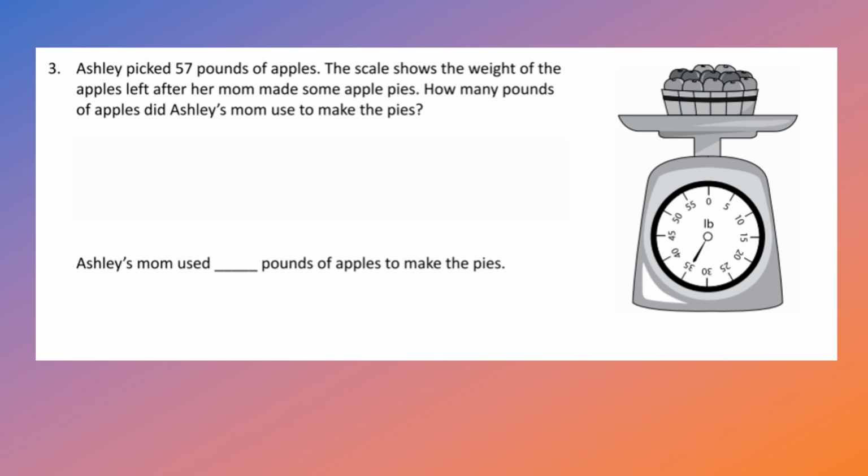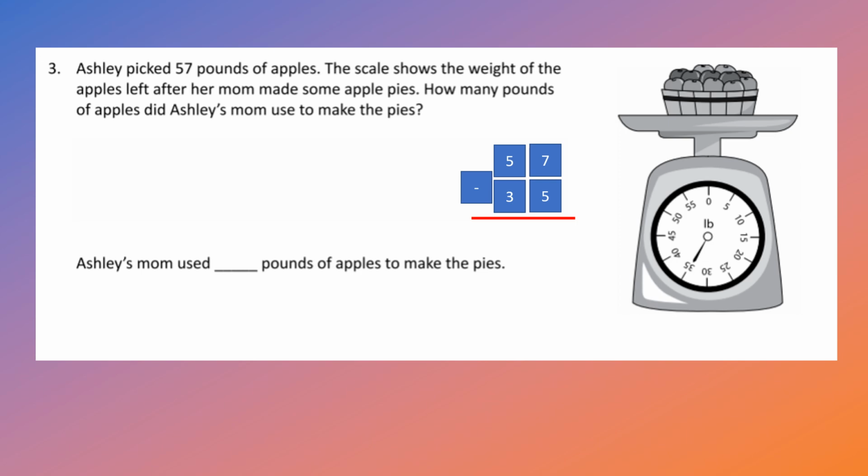Now, anytime you see the word left, that means you're subtracting. So I'm going to write down 57 because that's how many she started with, 57 pounds. And then I'm going to subtract the 35 pounds that she has left.